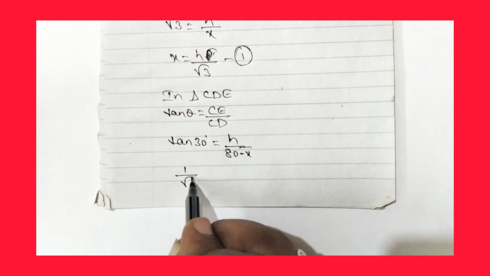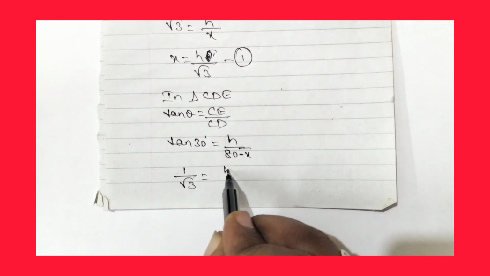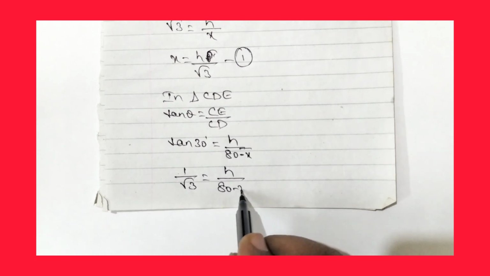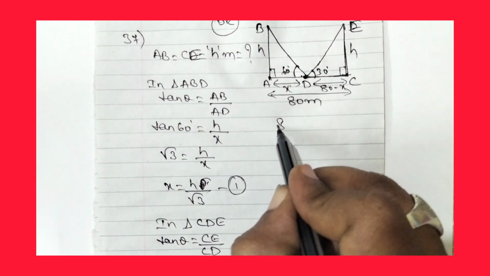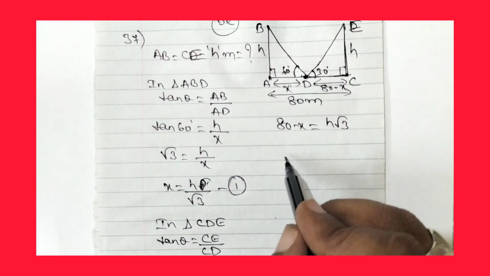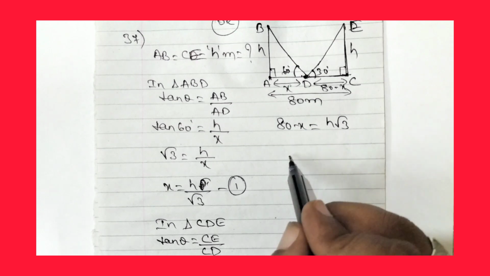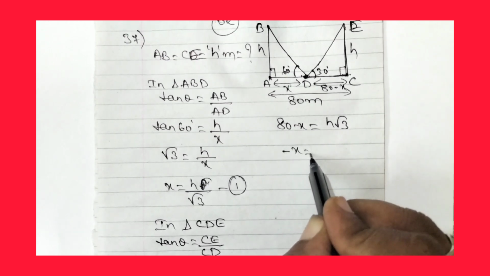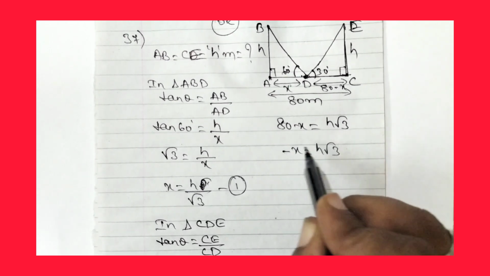So what is tan 30 degree? It is 1 by root 3, which is equal to h divided by 80 minus x. So now you cross multiply it. So 80 minus x is equal to h root 3. x root 3, then minus x is equal to h root 3 plus 80 become minus 80.